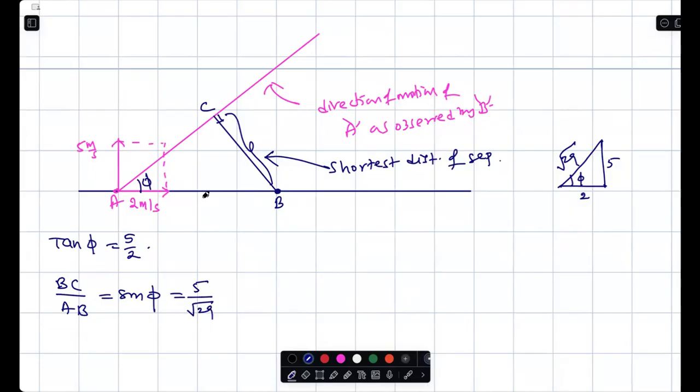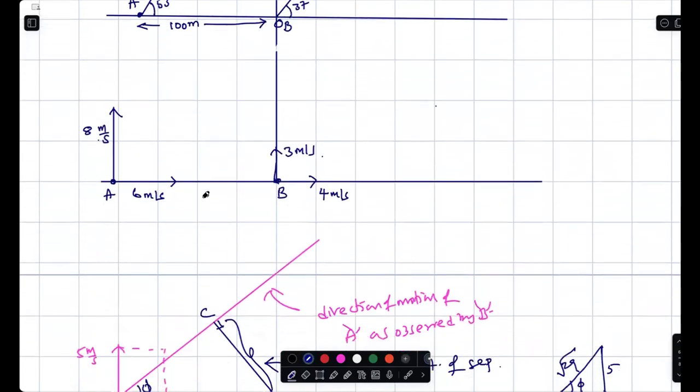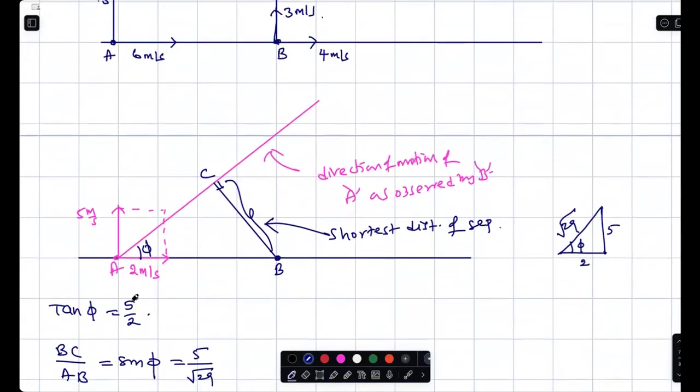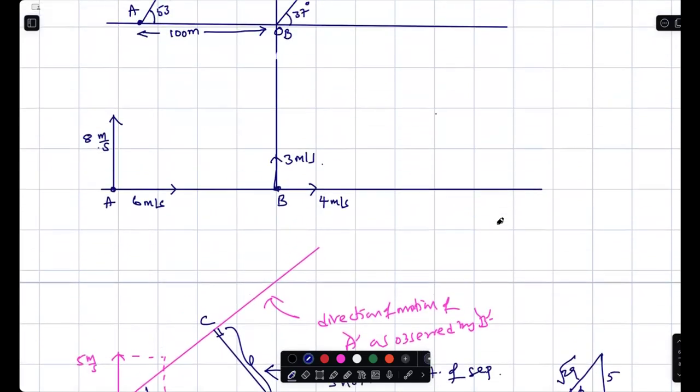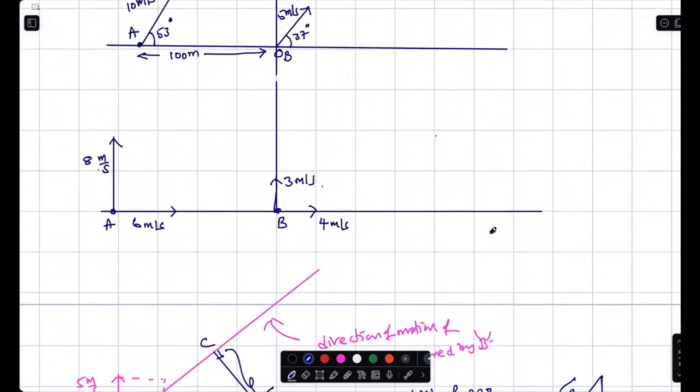Also, we know AB. They are separated initially by 100 meters. So, therefore, boys, you will have BC is equal to AB into 5 by root 29, 100 into 5 by root 29. That's your answer. This is without following any of those vector mechanisms.